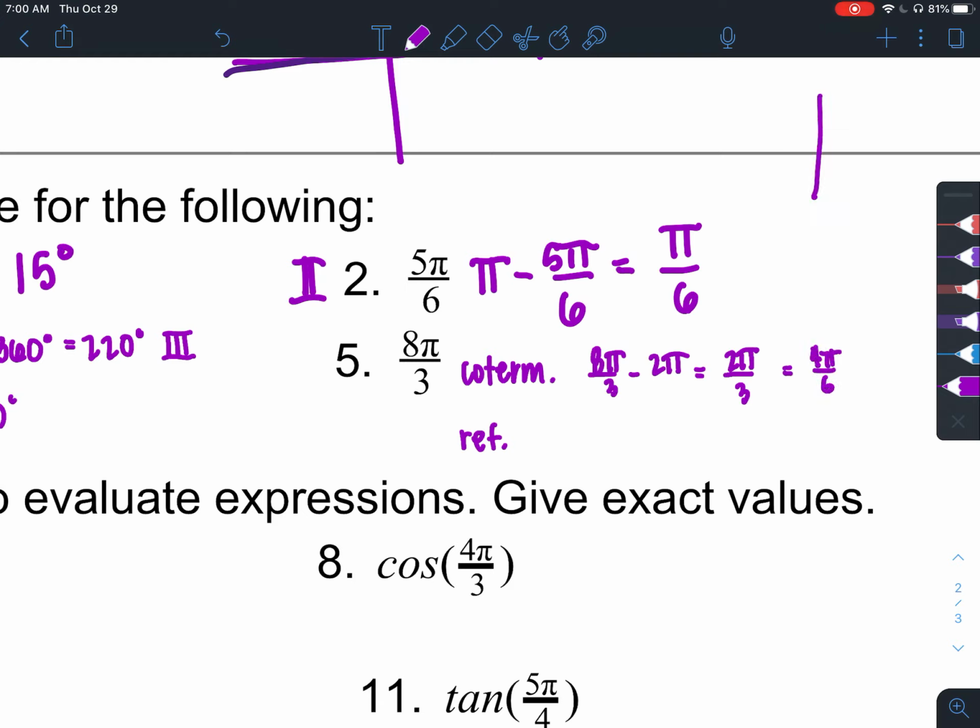I change it so it's easy for me to count. So I have 1 pi over 6, 2, 3, 4 pi over 6. So 2 pi over 3 is right here. So it's in the second quadrant. So then if I take pi minus 2 pi over 3, then I get pi over 3 as that reference angle.